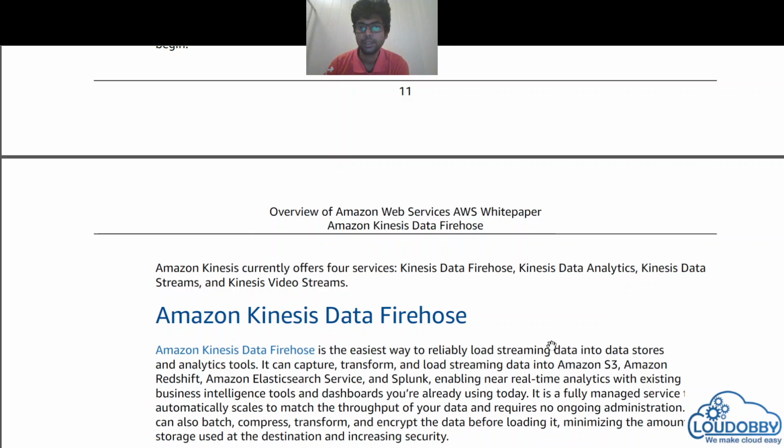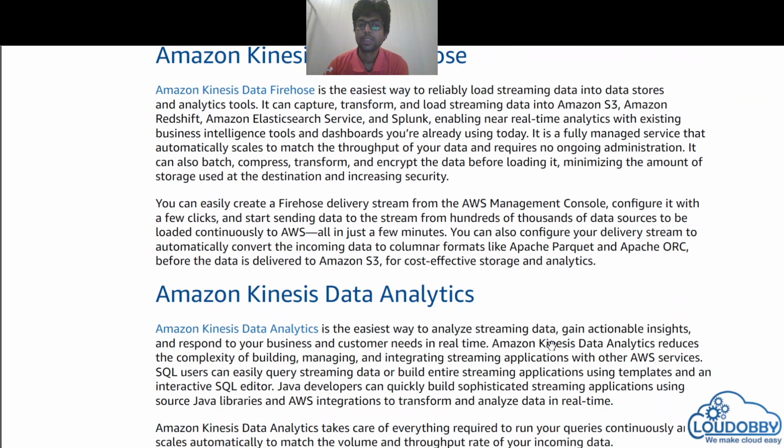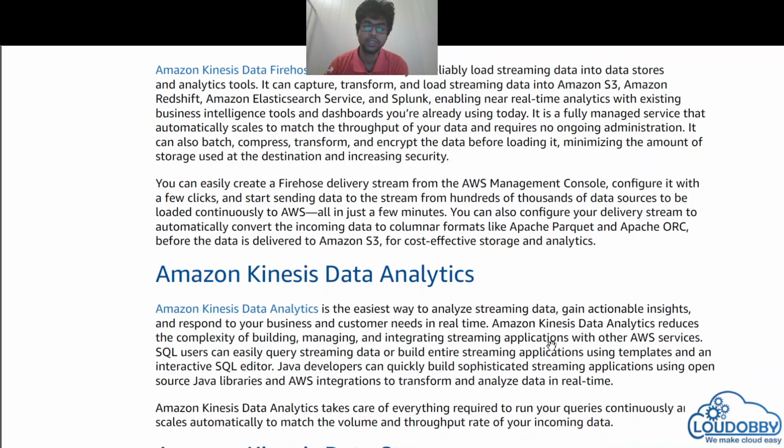Amazon Kinesis Data Firehose is basically used to connect to different services like S3, Redshift, Elasticsearch, Splunk, and so on, for near real-time analytics with existing business intelligence tools and dashboards. Kinesis Data Analytics is another tool, also for analytics, to get the real-time needs of customers by integrating this with the different AWS services. See how much incoming data you are getting, or how many requests are coming to a website.